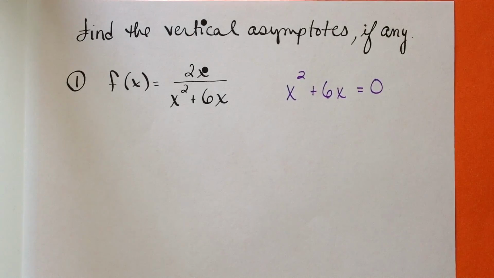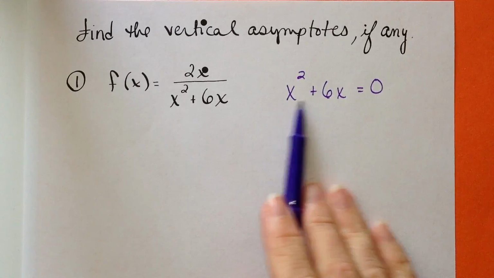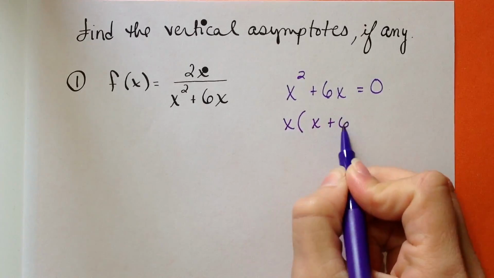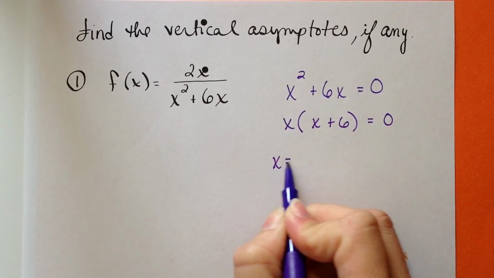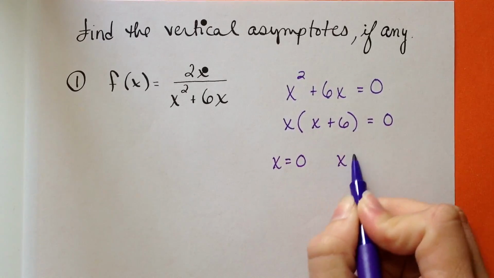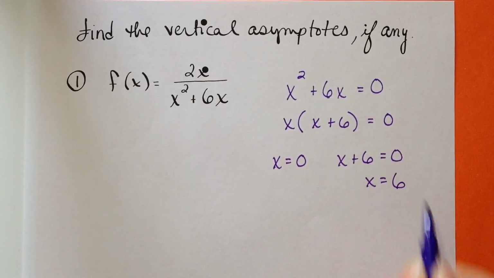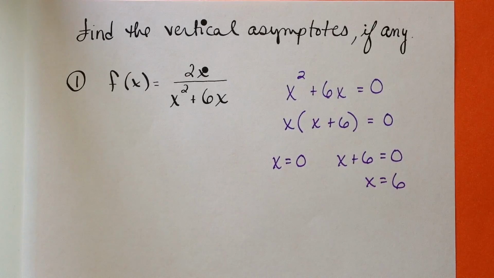Like I said, you're going to start out basically the same way you do when you're asked about domain. Now this one I'll actually have to factor. I do have a common factor of x. Okay, so once I get it factored, then I do need to set each of those factors equal to 0. Okay, so I end up with an x value of 0 and an x value of 6.